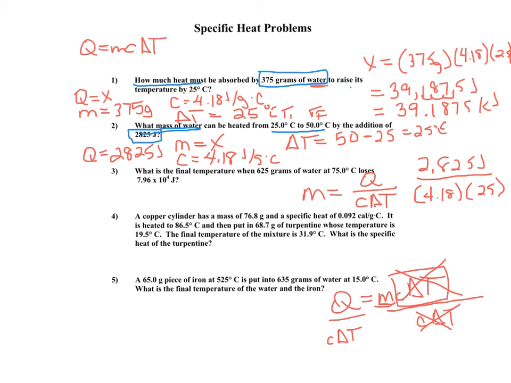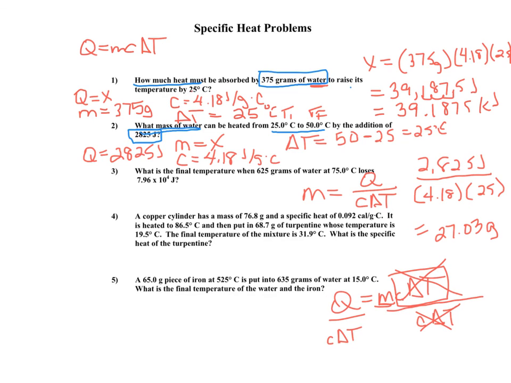Okay, so if I did 2,825 divided by 4.18 times 25, our answer is going to be 27.03. 27.03 what? You need to go back and remember, you cannot just give me a number. That number means nothing. What is that number representing? Well, in our problem, it was asking for the mass. So our mass unit is going to be grams.